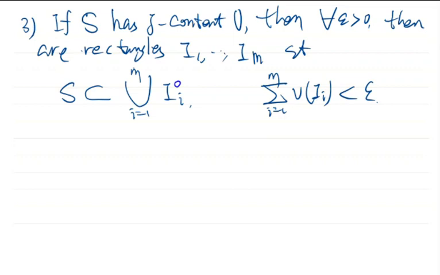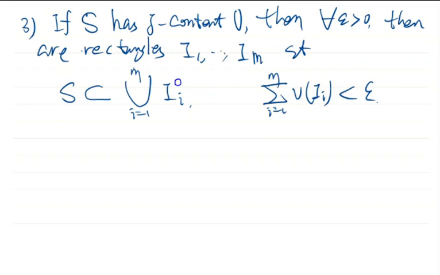Okay, so this is not difficult to prove. I don't know whether you understand what I am saying. The definition requires that the union of the rectangles contains S, but I can replace this by requiring that the union of the interiors of the rectangles contains S. We need this result. How can this be true?